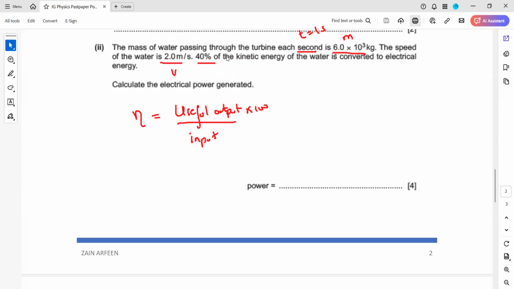What about the useful output? Because it is producing electrical energy, the useful output is electrical. What about the input energy? Input energy is the kinetic energy.